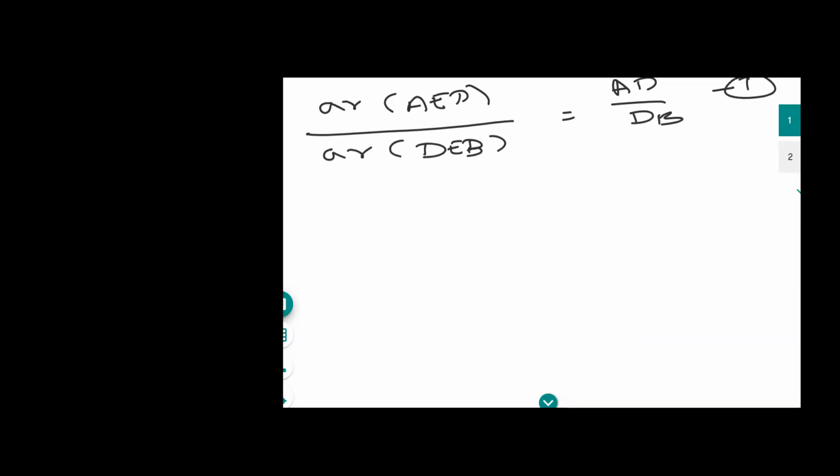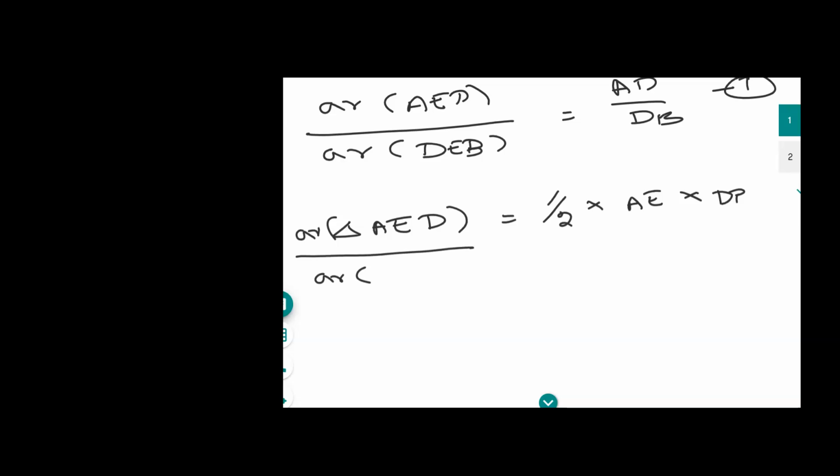Now coming to the second part. Consider the triangle AED, area of AED is equal to half into AE into DP, when you consider the base AE, then DP is the altitude, divided by area of triangle EDC is equal to half into EC into DP.